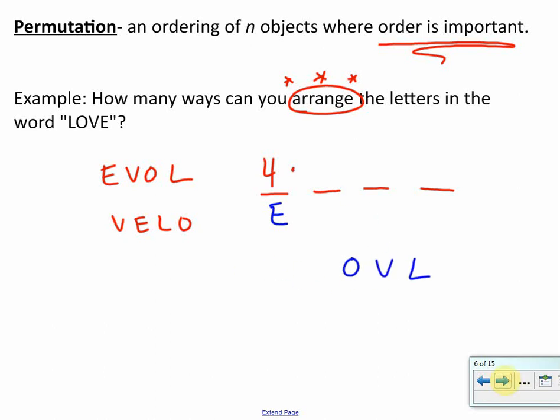So say I pick L. I had 3 options left. Now that I have picked the first 2, I only have 2 left for the third and 1 left for the last letter. So using the fundamental counting principle, I can multiply those together, and that gives me a total of 24 different combinations of the letters in the word love.